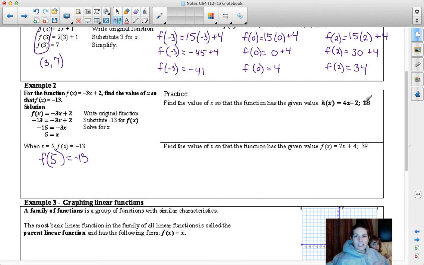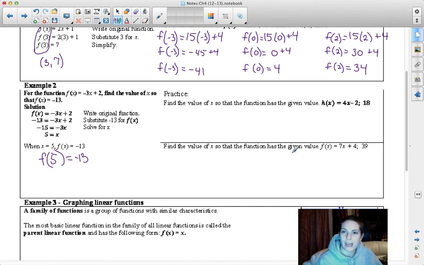I'm going to do h of x with you, and you do f of x without me. So let's practice one together. It says, find the value of x so the function has the given value. h of x is equal to 4x minus 2, and I want to know what happens when h of x is equal to 18. Alright, so let's go ahead and plug it in.